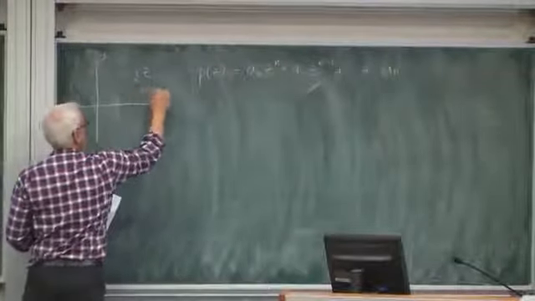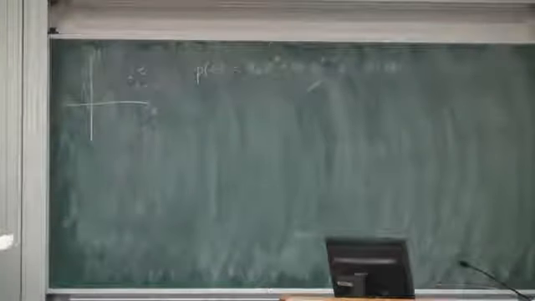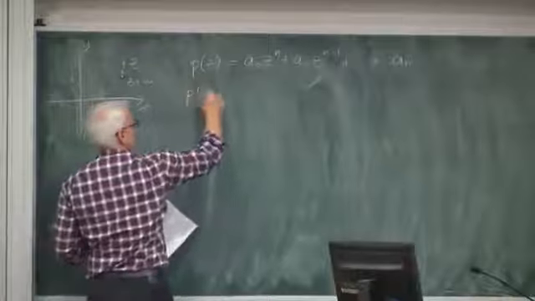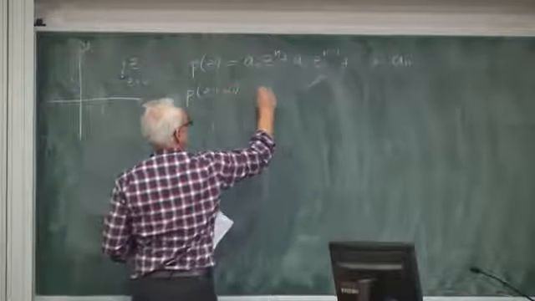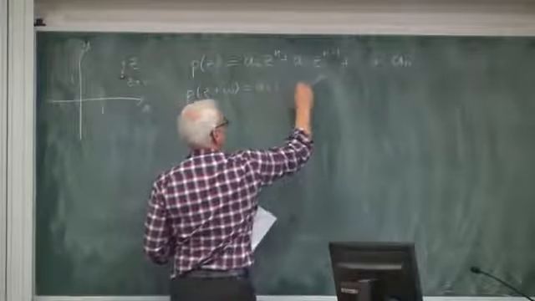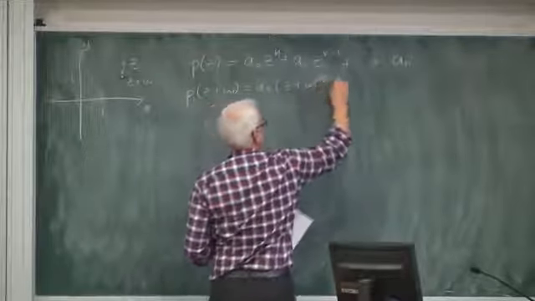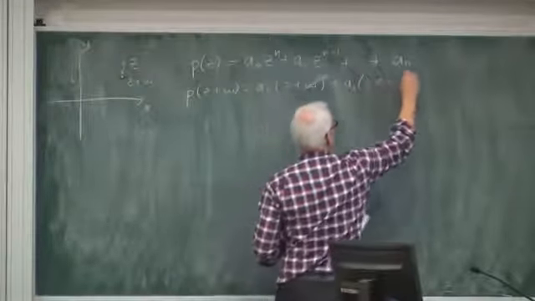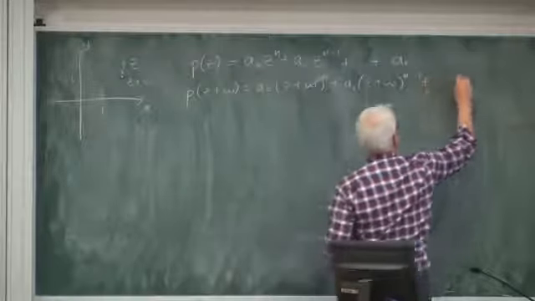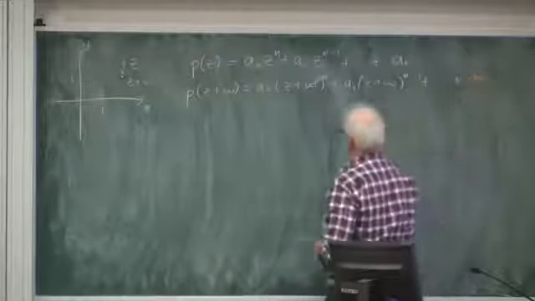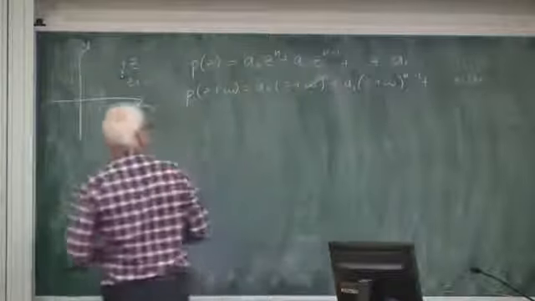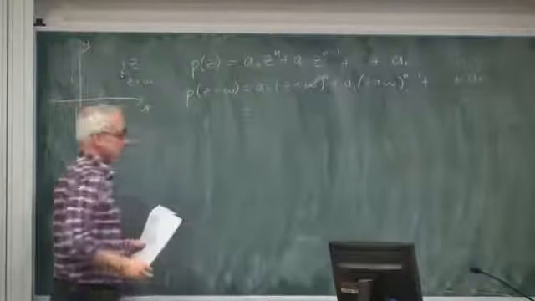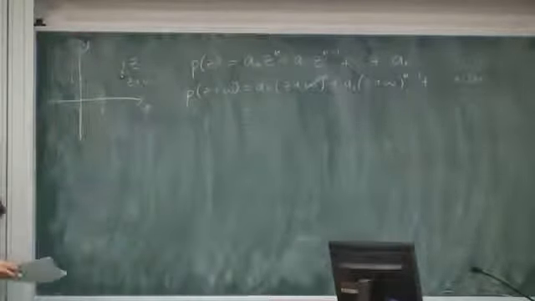say the point z plus w. So we're adding some small complex number w to z. So p of z plus w is a0 times z plus w to the n plus a1 times z plus w to the n minus 1 all the way down to the constant term. Now we can write this out in terms of its dependence on w.